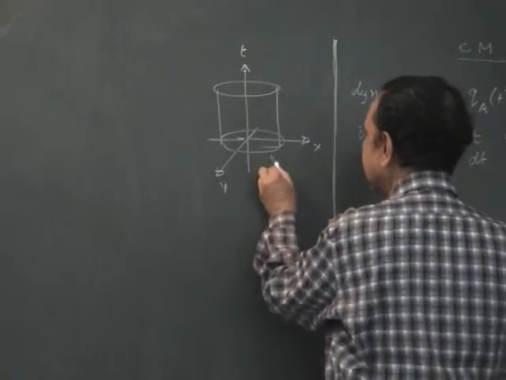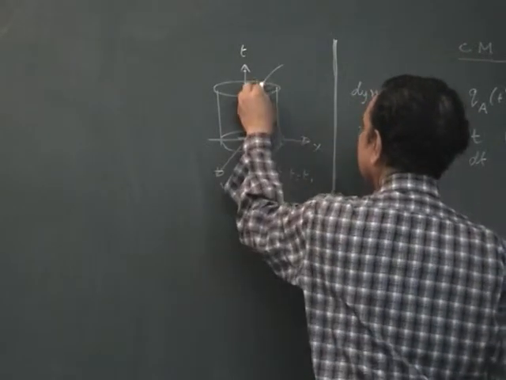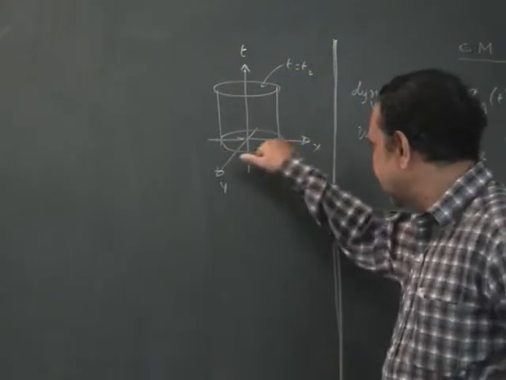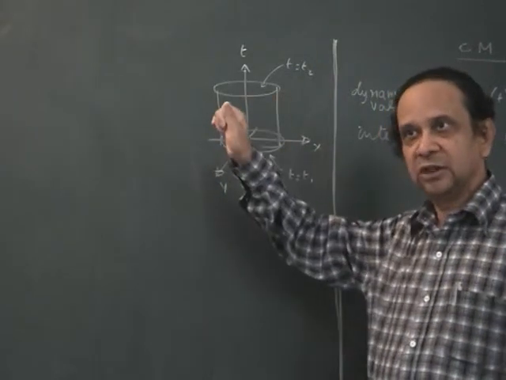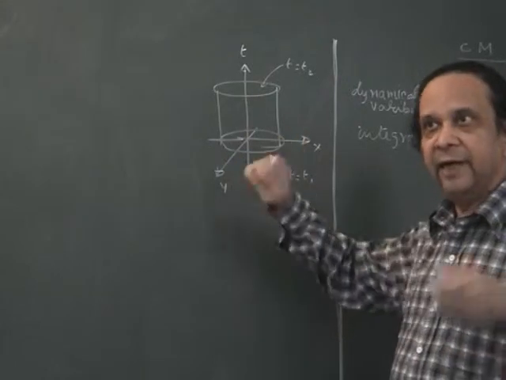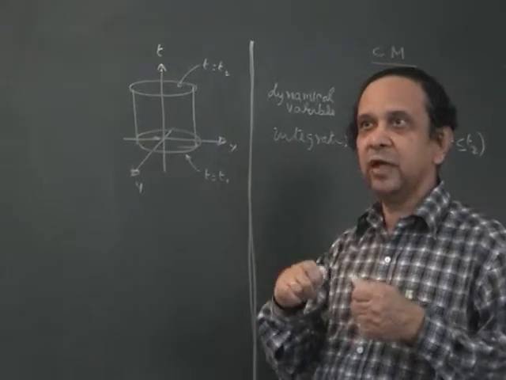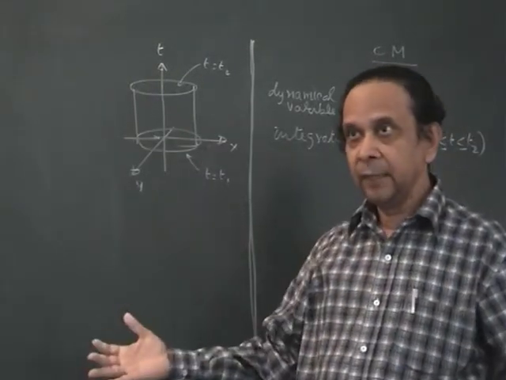So it is bounded by some t equals t1 here, t equals t2 here, and this surface is at x squared plus y squared equals r squared. Because I have suppressed one index; if I had kept all three spatial coordinates, it would have been x squared plus y squared plus z squared equals r squared. This is the surface of a sphere.